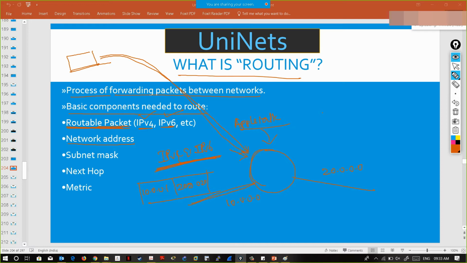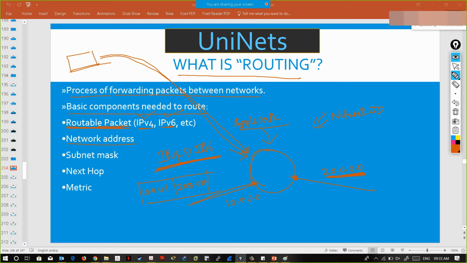Now in order to route this packet from this network to this network, my router first needs the network ID of the destination network.